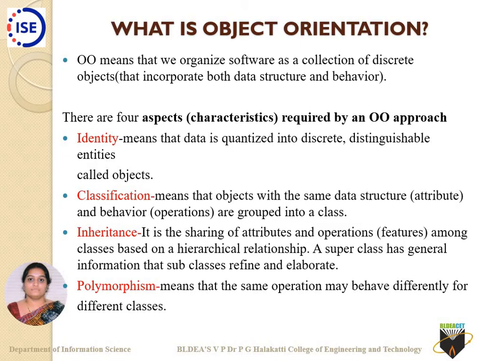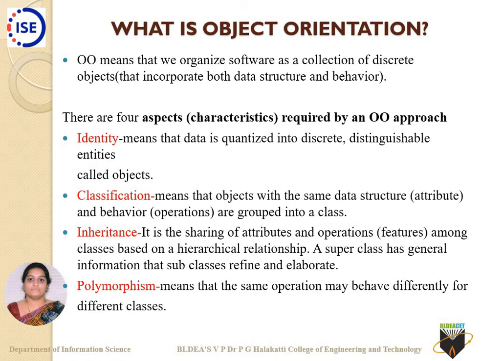If I treat you all as objects, I say you all belong to a class called student. In that student class, I will be defining certain data or data types. Just now I said, for all of you, you will be having the same entries, like student name and student roll number.